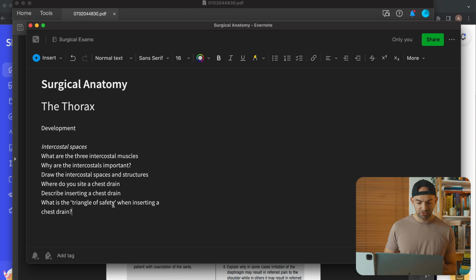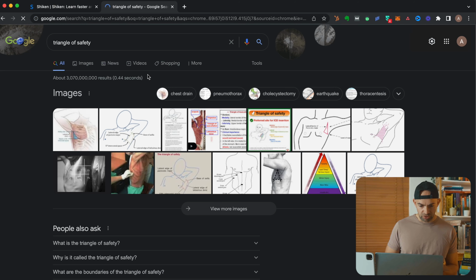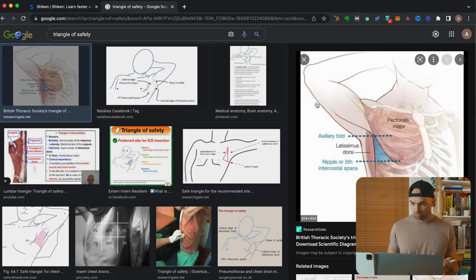Now what I might do is take that phrase, triangle of safety, plug it into YouTube, and watch a video of someone inserting a chest drain. Or I might pop it into Google, hit triangle of safety, and immediately go to Google Images, which is lowest cognitive load. What are we looking at here?